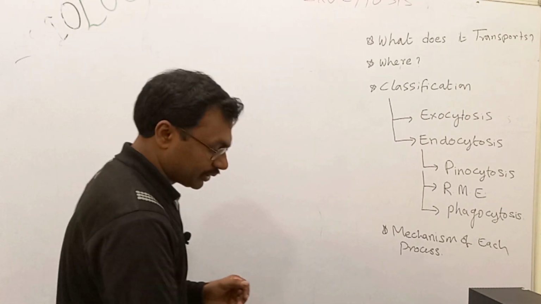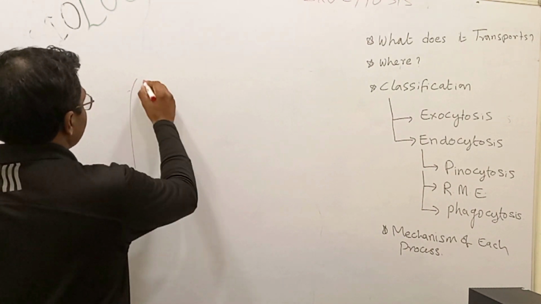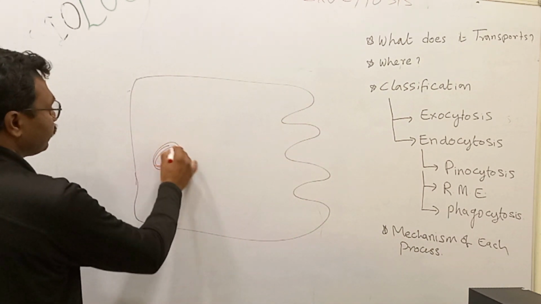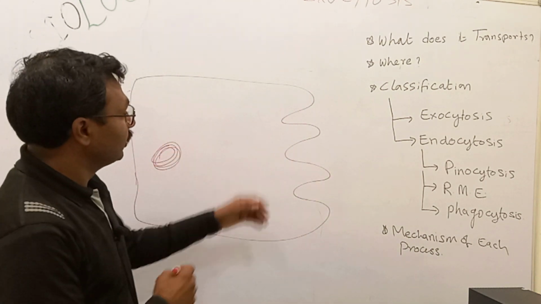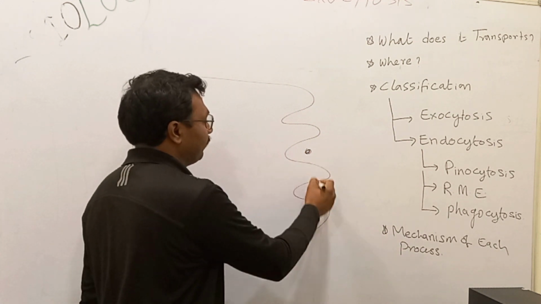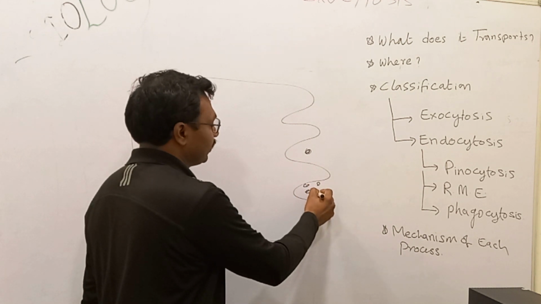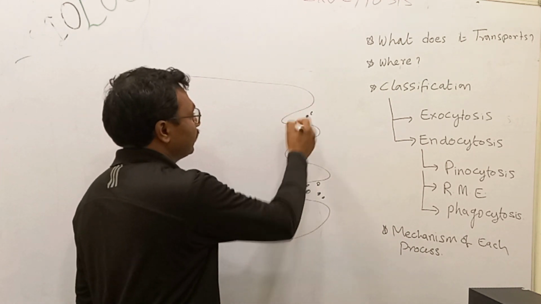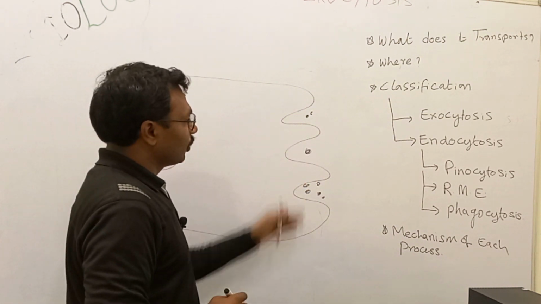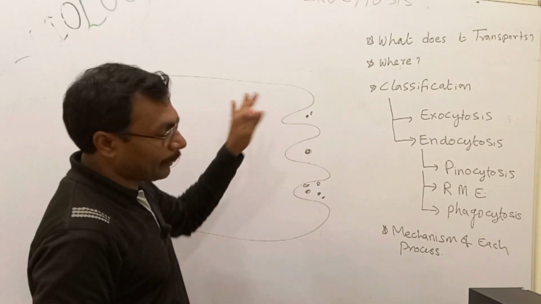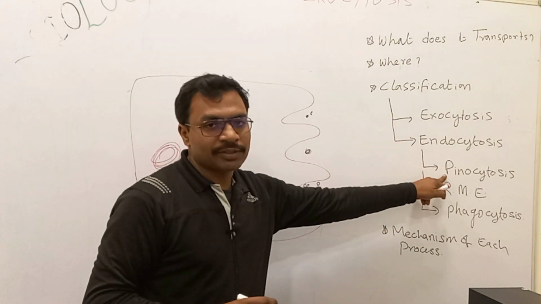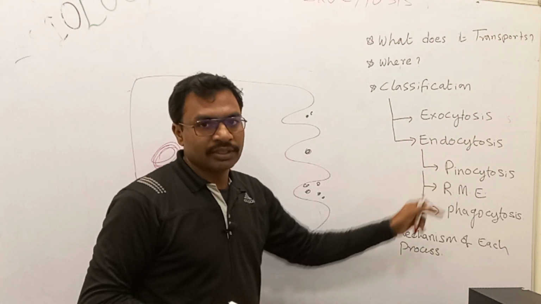What is pinocytosis? We have brush border epithelial cells in the gastrointestinal tract. They have to engulf, to take up all the materials or substances being digested in the digestive lumen. So the brush border epithelial cells mostly perform the pinocytosis process to take up the nutrients.